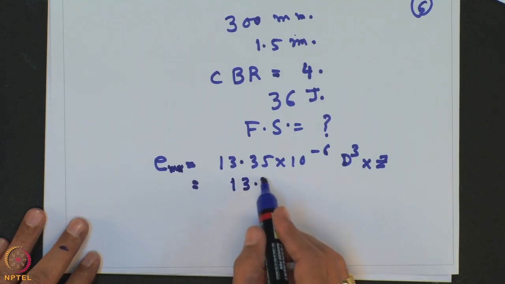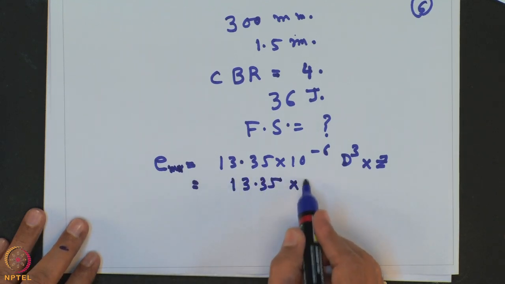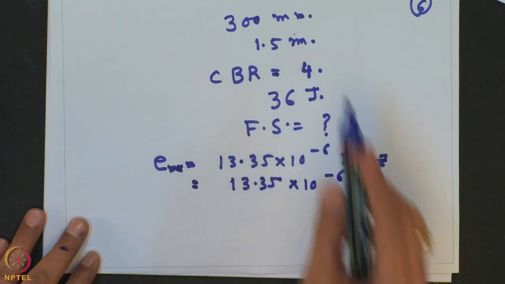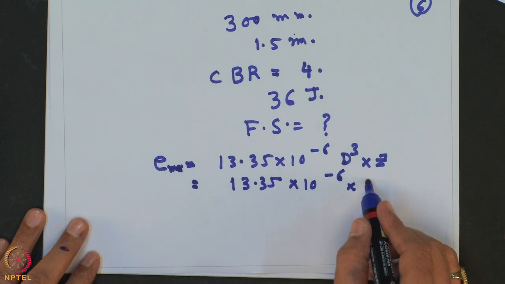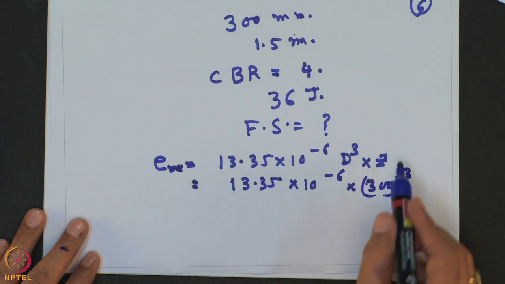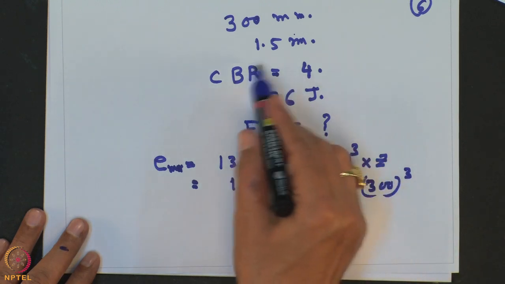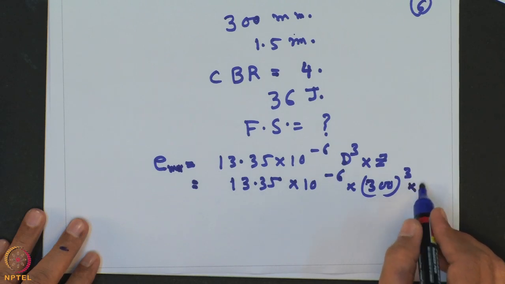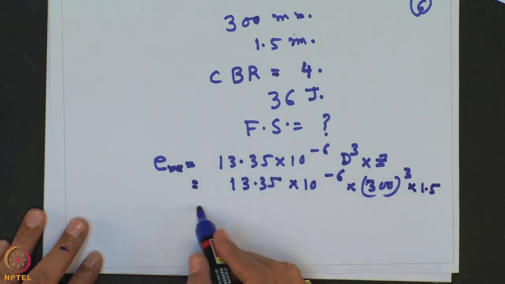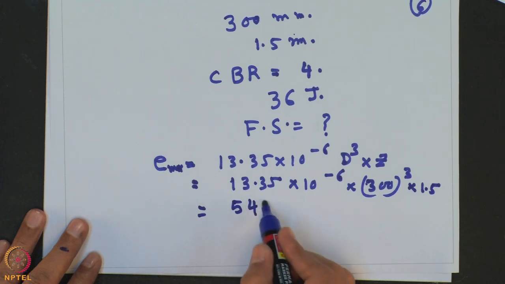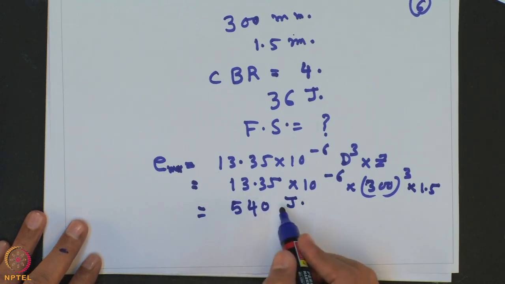So, E maximum is 13.35 into 10 to the power minus 6 into the diameter of the stone, 300 millimeter, to the power 3, and the height of fall is 1.5. So, E maximum you can determine is 540 joule.